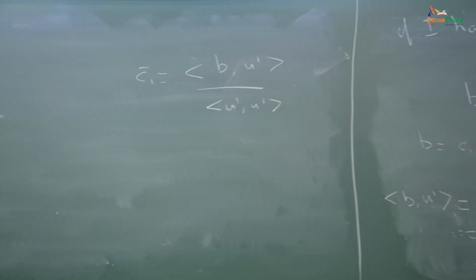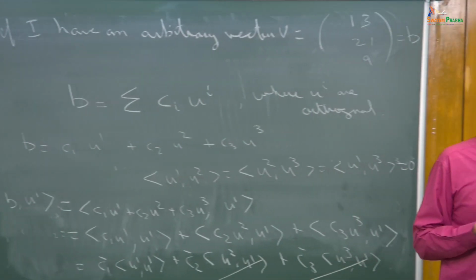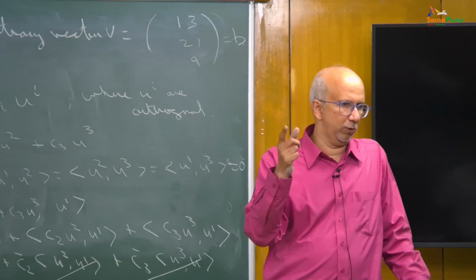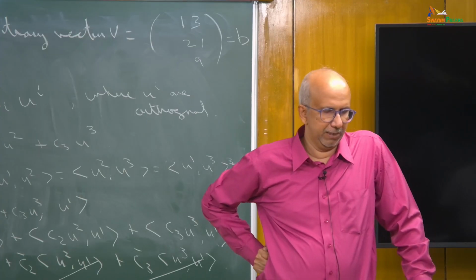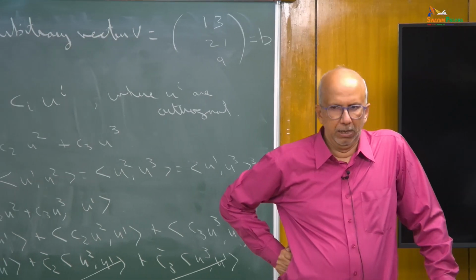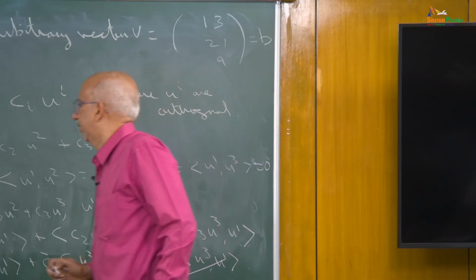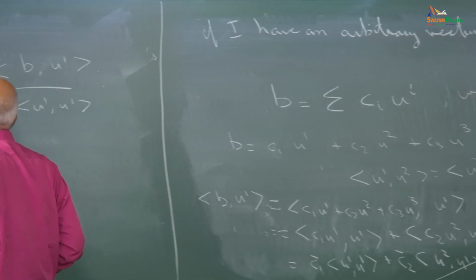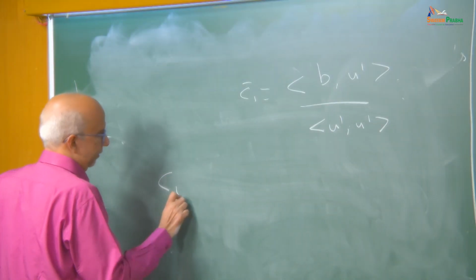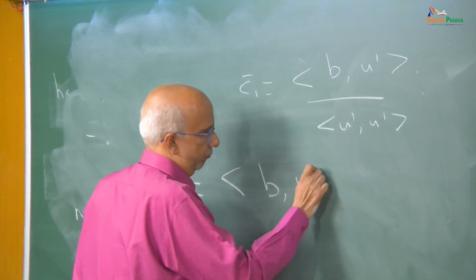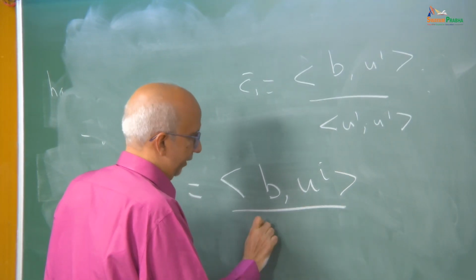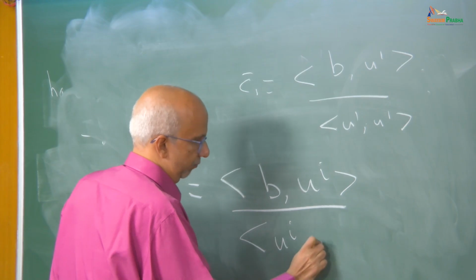Finding the inner product is straightforward, because it is just sigma ui vi, the way we find the dot product of two vectors, that is how we defined it. The point I am trying to make here is that for any arbitrary Ci, it will be the inner product of B with ui divided by the inner product of ui with ui.